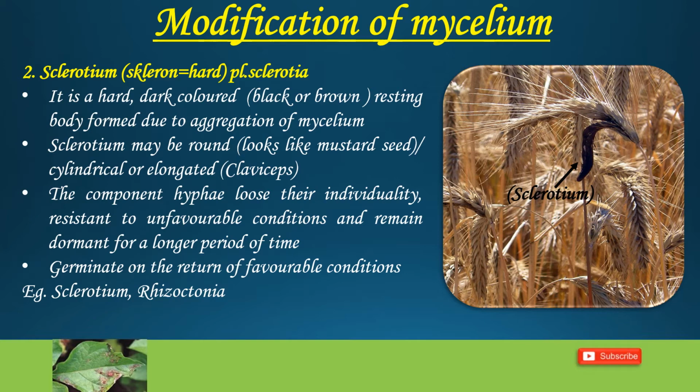When favorable conditions come into existence, these sclerotial structures germinate and give rise to hyphae. Sclerotia are found in Sclerotium and Rhizoctonia. In this picture, we can see the dark colored structure, the sclerotium, where we cannot differentiate the individual hyphae.